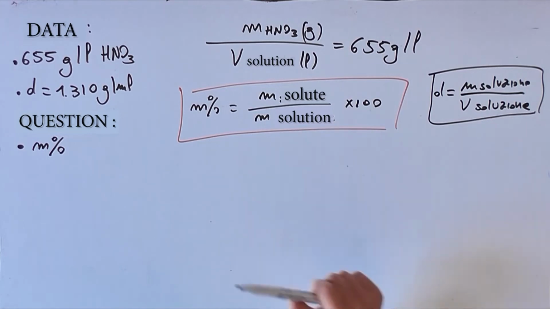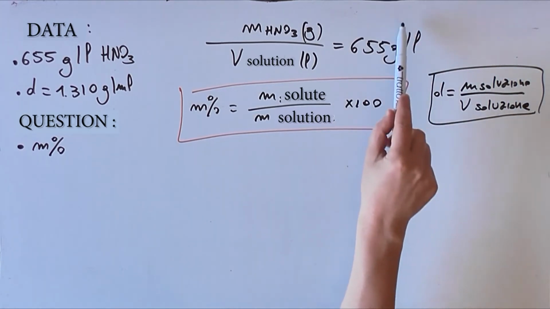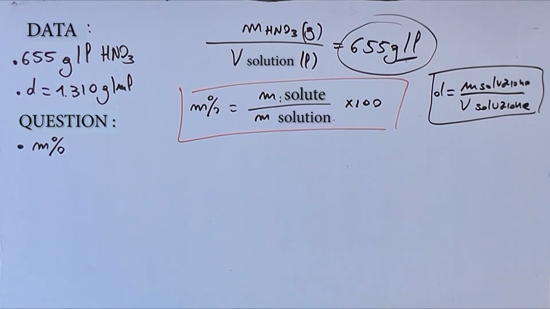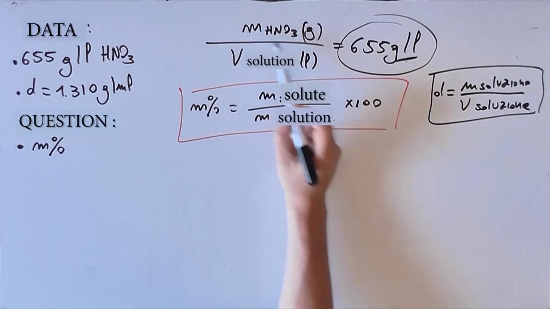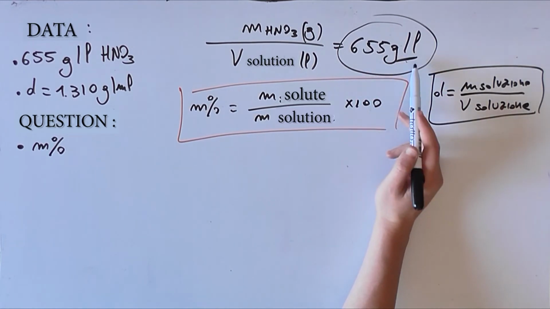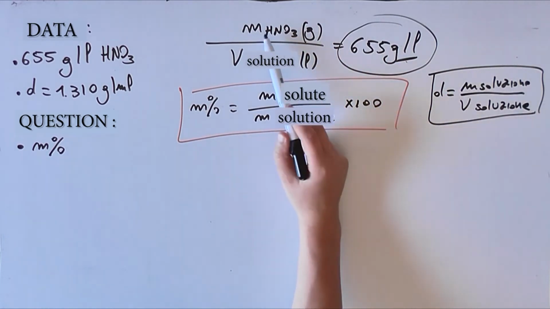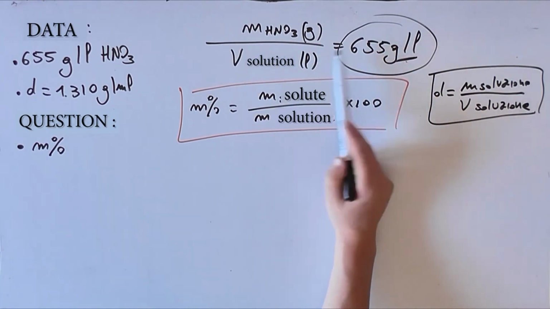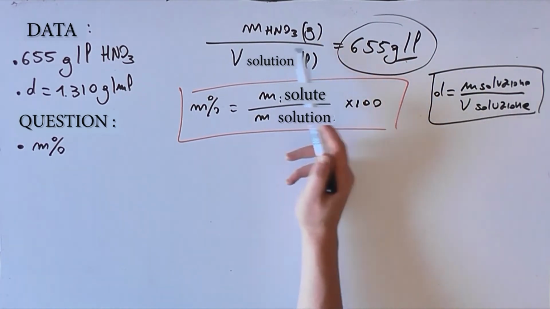But again, what do we have? We have 6.55 grams per liter. So I can say that I have 6.55 grams of nitric acid in 1 liter, because it's like saying 6.55 equals 6.55 divided by 1.